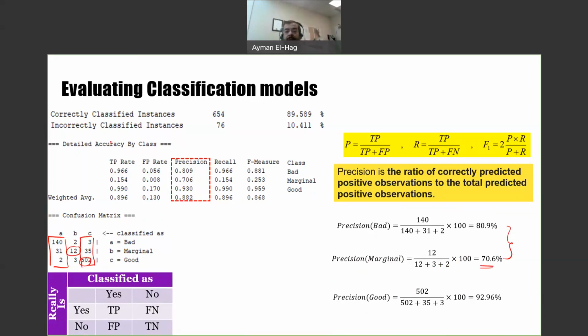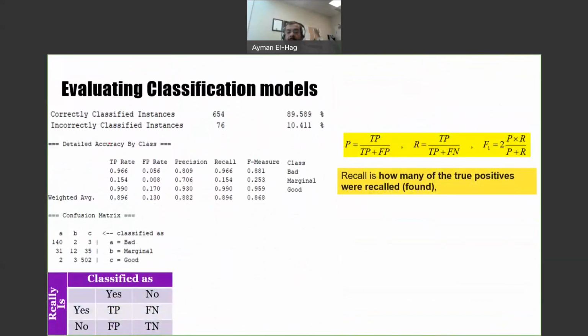Okay, let's go to the recall. Recall is how many of the true positives were recalled, or refound. And you will see that the recall and the true positive are the same. So you see they are the same numbers. So recall for the bad is 140 divided by the row. For precision, it was 140 divided by the summation of the column.